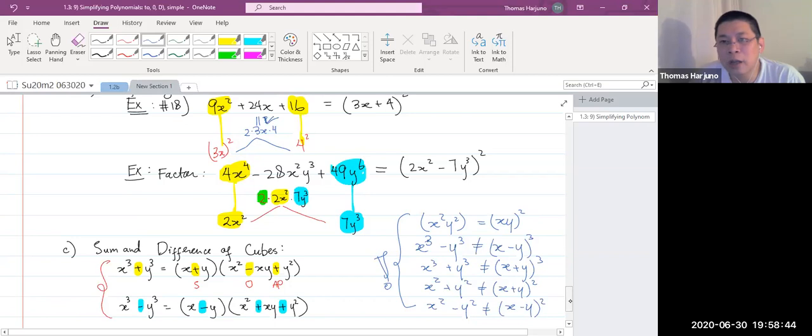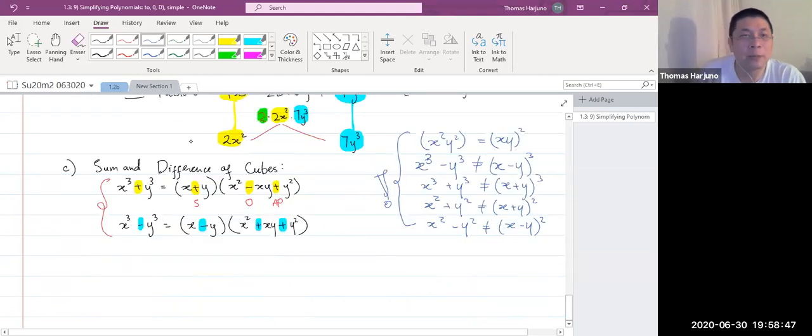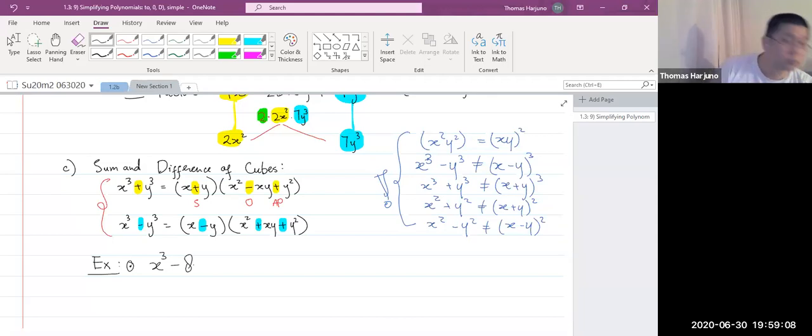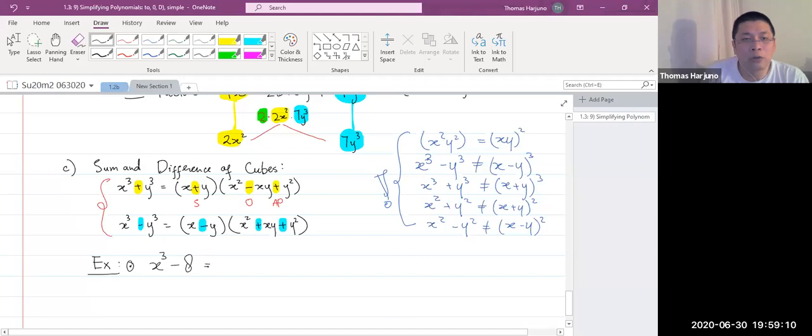Now then, let's do some examples. Suppose I have, let's do the simple one first, x cubed minus 8. I would like to rewrite this into a difference of cubes first, and then use the pattern I have above. For now, you can cheat, right? This is a difference of cubes.